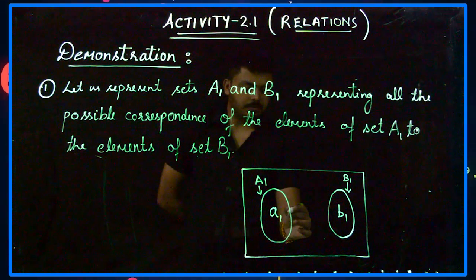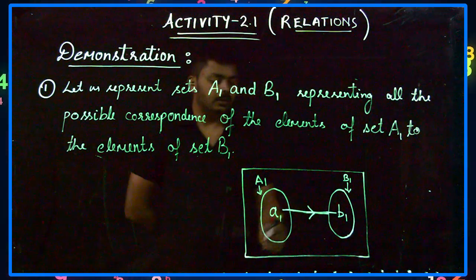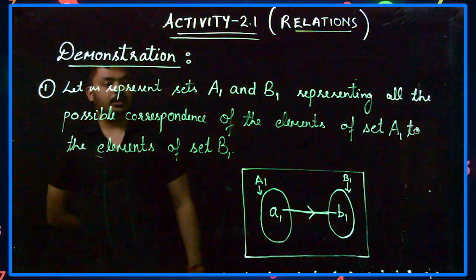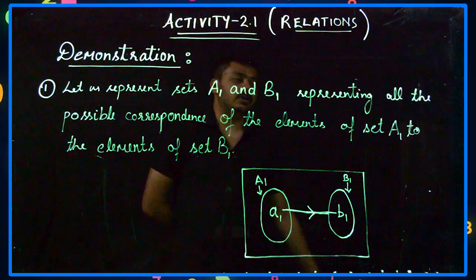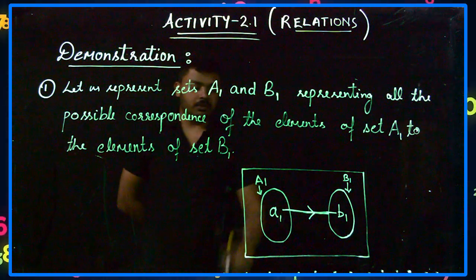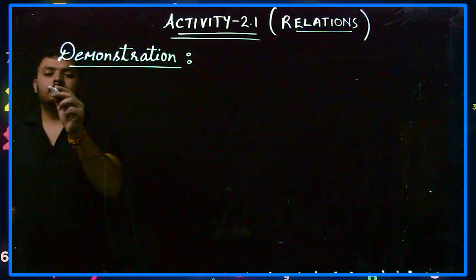So now the correspondence is represented in this manner. Hence we have represented the relation of the elements of set A1 to the elements of set B1 in the given Venn diagram. So now step 2.